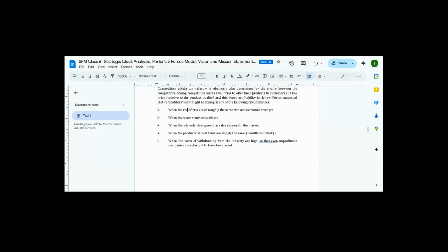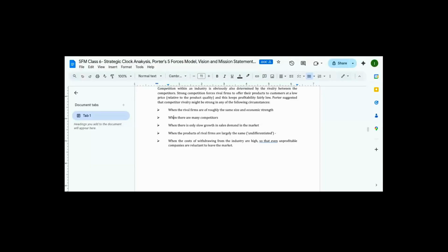One, when the rival firms are roughly the same size and economic strength. They have the same size, the same production capacity, the same equally experienced staff, they both invest in innovation and technology, they operate in the same industry. So there is a high degree of competition there.